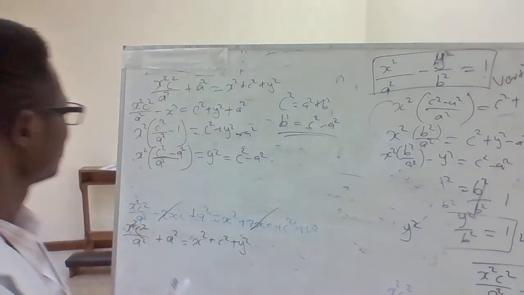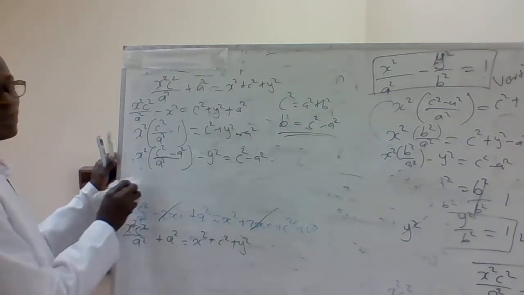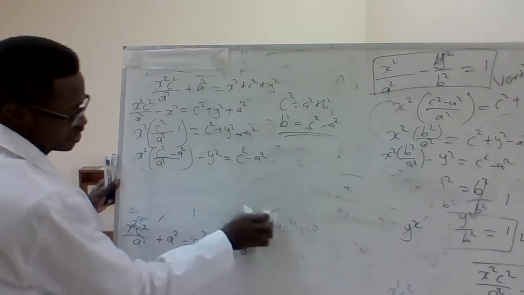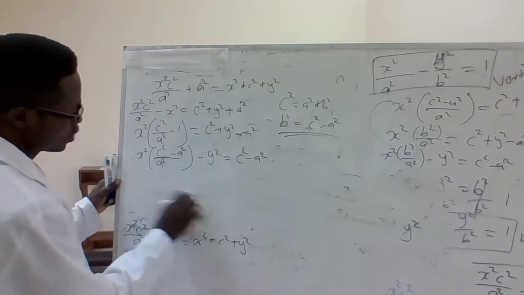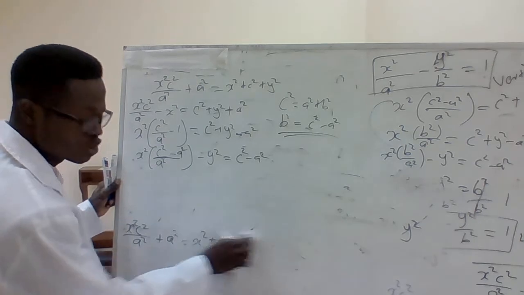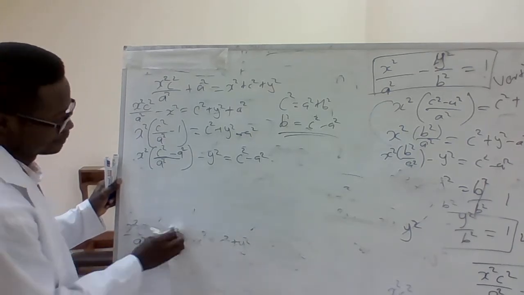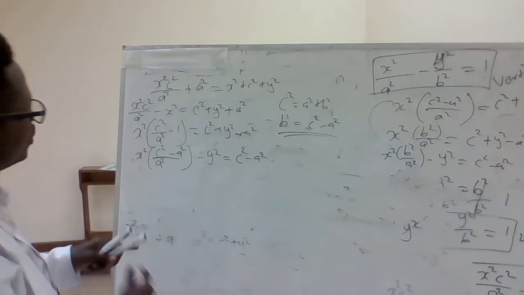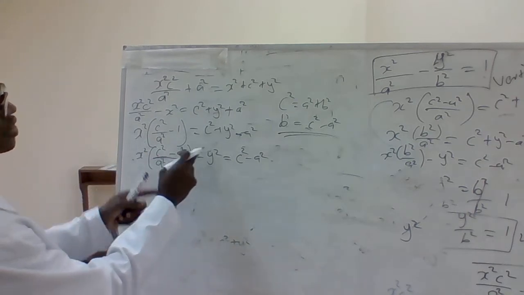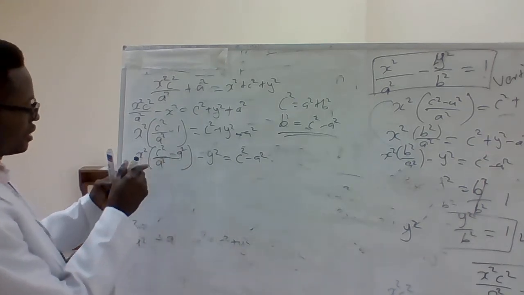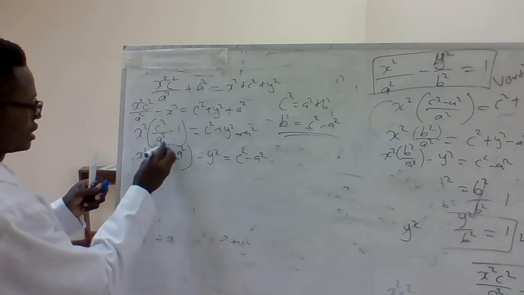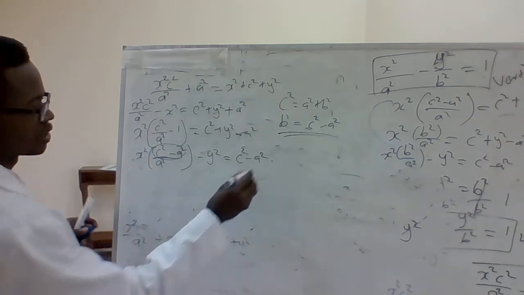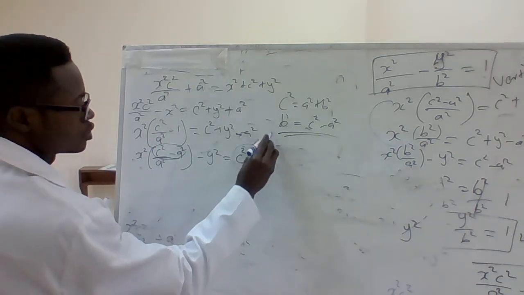What we are doing now is trying to apply the Pythagorean theorem that says that c squared minus a squared is equals to b squared. So the whole of this is b squared, and the whole of this is equals to b squared.